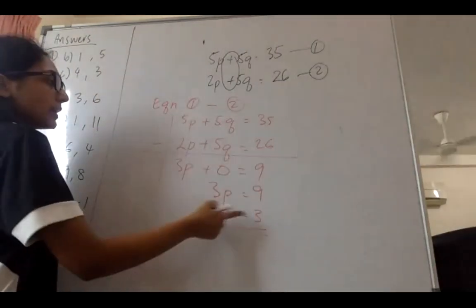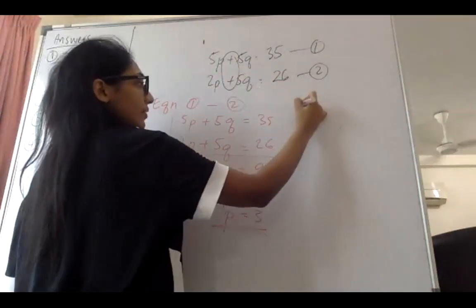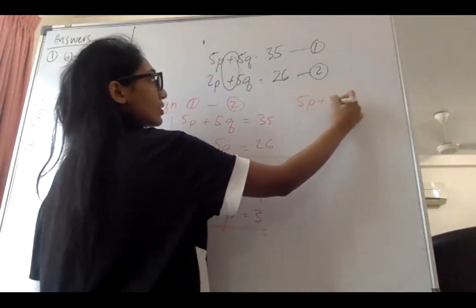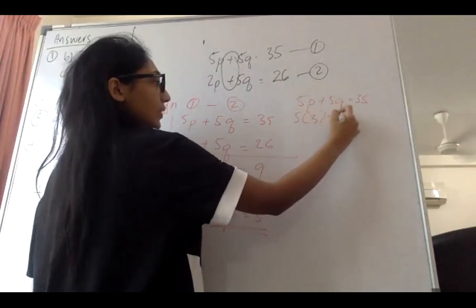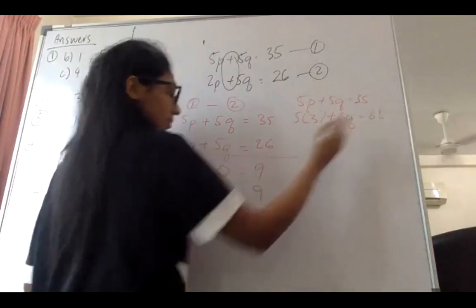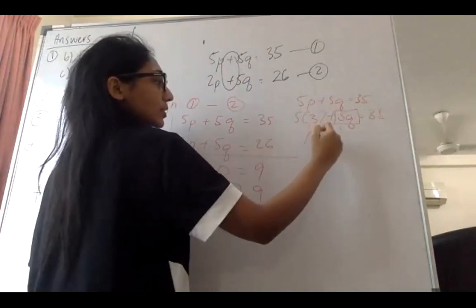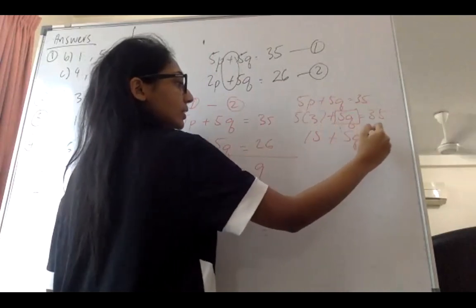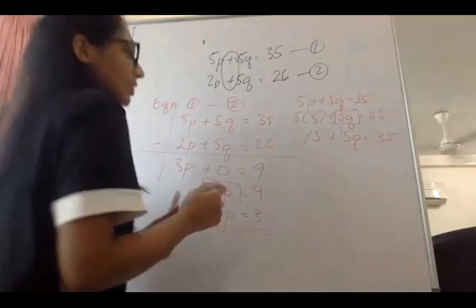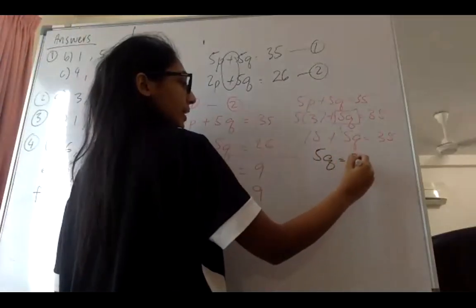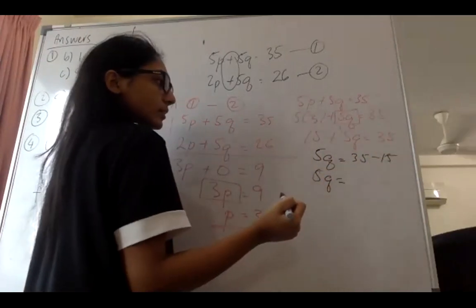And then I substitute P equals to 3 into, let's say, equation 1. So 5P plus 5Q equals 35. I put the P is 3 inside to find my Q. Here we only will have one unknown. So 15 plus 5Q equals to 35. 5Q is equals to 35 minus 15, which is 20.